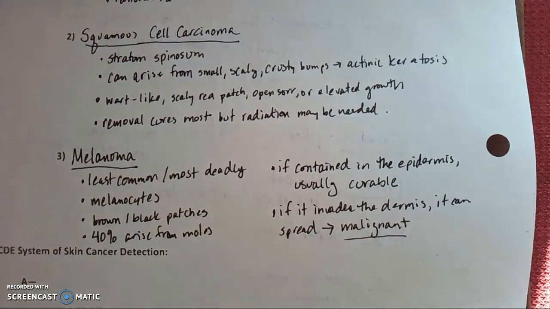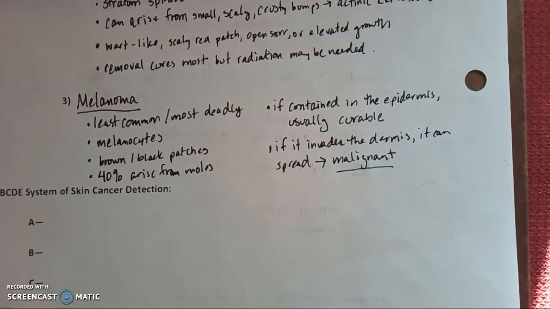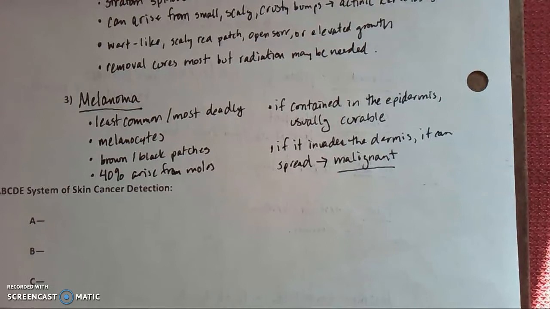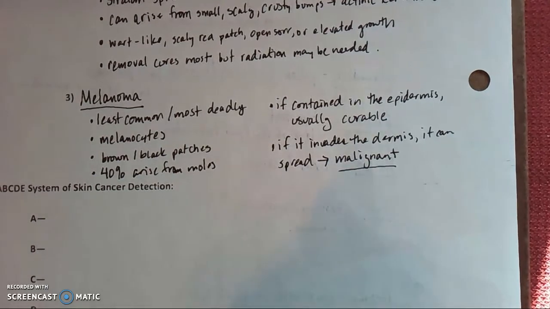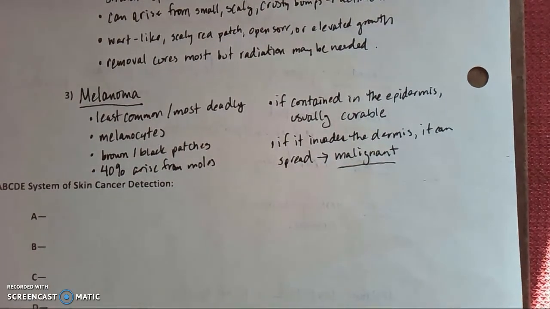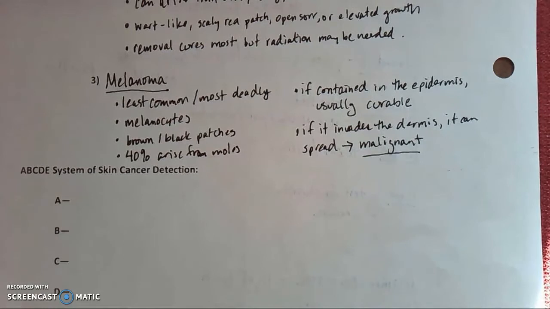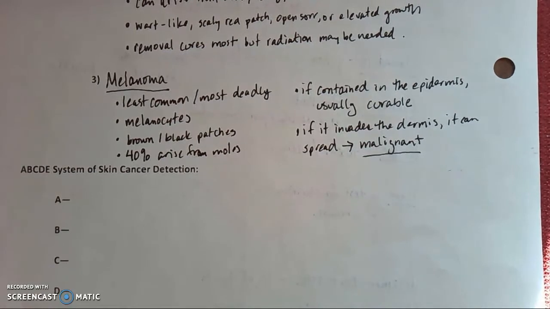Next, we have a way that doctors will use and we can use to describe or detect skin cancer in this ABCDE system. So this is usually for any type of growth on the skin that may be suspected. Please, please, please, if you ever see anything or have any of these symptoms that we're going to talk about, see your doctor.